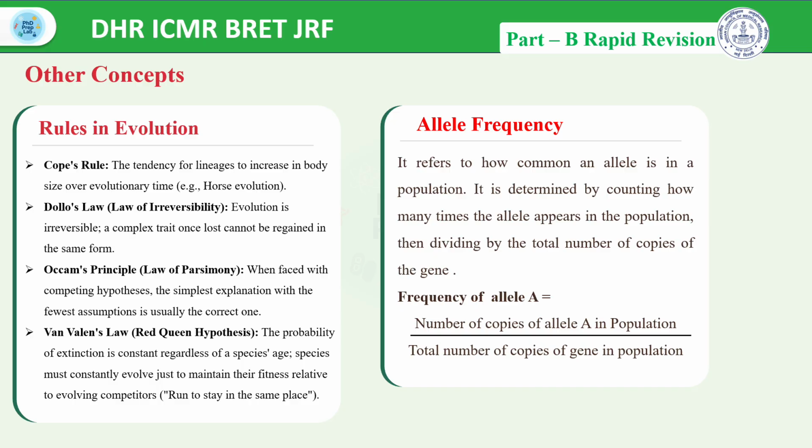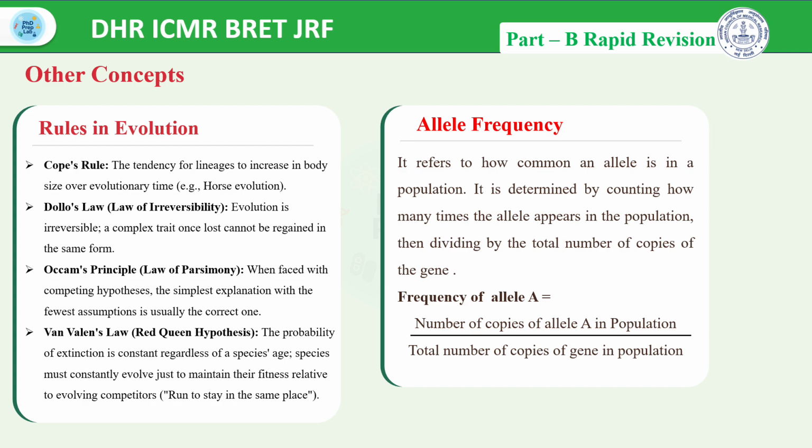Now we have Van Valen's law, which is also the Red Queen's hypothesis. The Red Queen's hypothesis is the evolutionary concept which states that species must constantly evolve and adapt to survive because their environment, including other organisms, is also continuously changing.